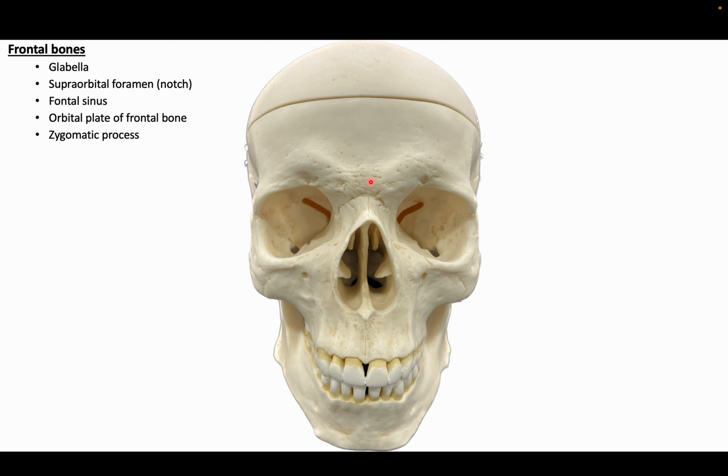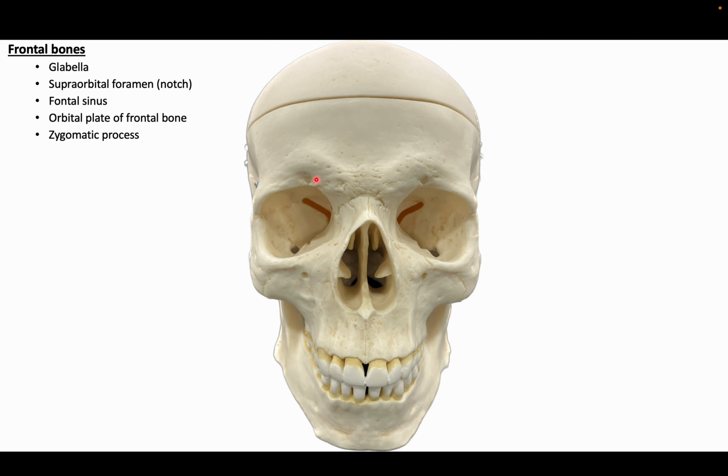Now we're going to move a little bit down, and what you can see are these two tiny notches right here. These are called the supraorbital foramen. These are the notches that you see right here. So essentially, this is a small opening in the frontal bone, and it's located right above the eye socket.